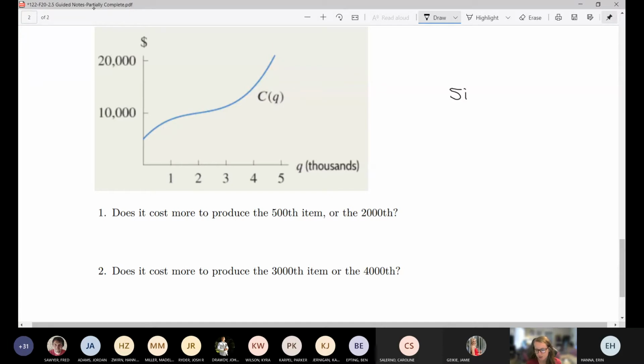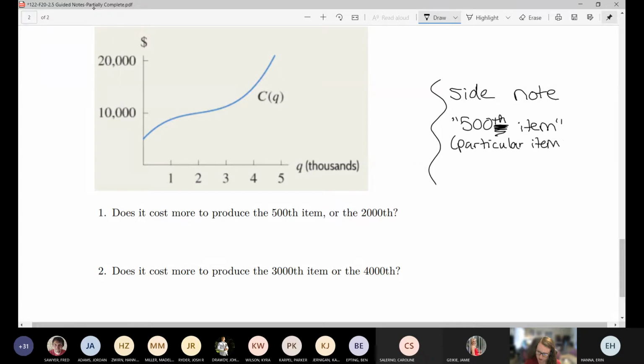A side note really quick: how can you tell whether they want you to talk about regular cost or marginal cost? If they talk about something like the 500th item, a particular item, they're most likely asking about the derivative, the marginal.